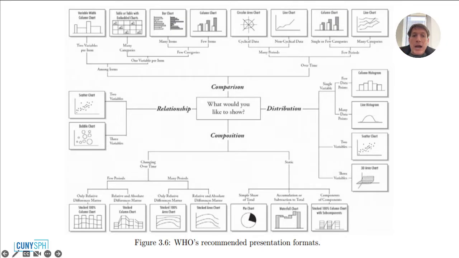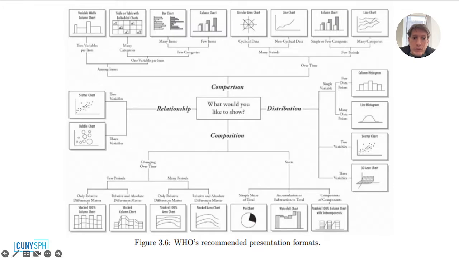But if we have one variable per item, but we have many categories, we can have a table or a table with embedded charts. And remember, this is the small multiples as well, where we have a repeated representation of that item, that variable, over the table that is distributing that.